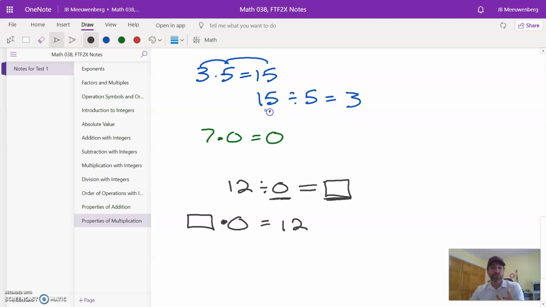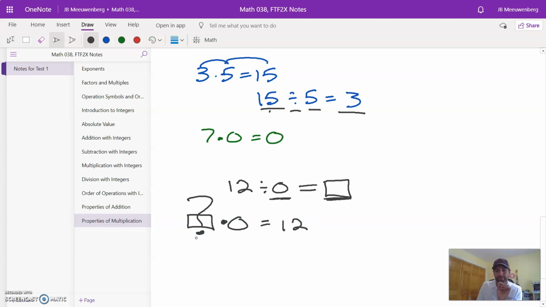Well, if you can do 15 divided by 5, that means there was something you started with. So if I'm trying to do 12 divided by 0, it means that I started with something, multiplied it by 0, and got 12 as an answer. Can you think of any number that when you multiply by 0, you get 12 as an answer?